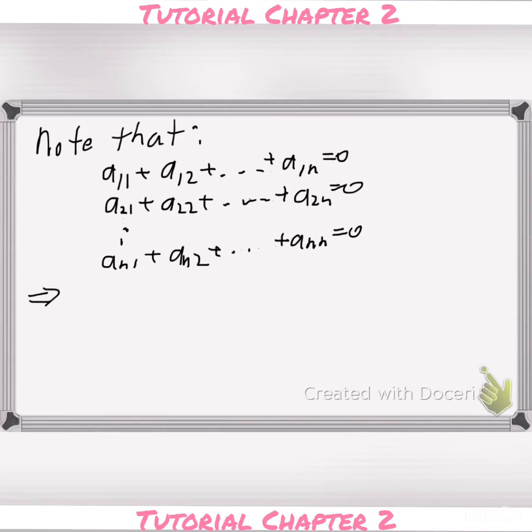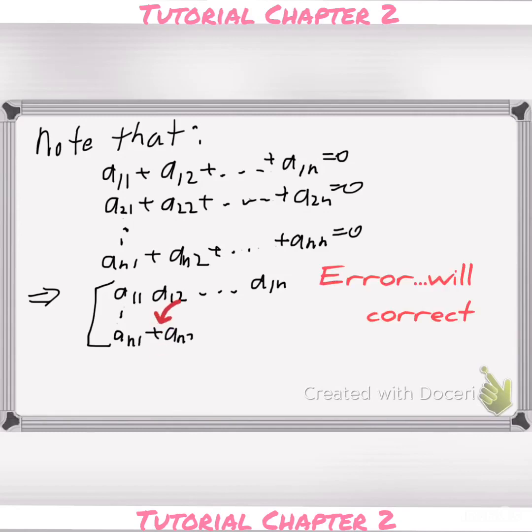That implies that you can write it this way. You can write that as the matrix A11, A12, A1n, up until your last row, AN1, AN2, up to ANN.